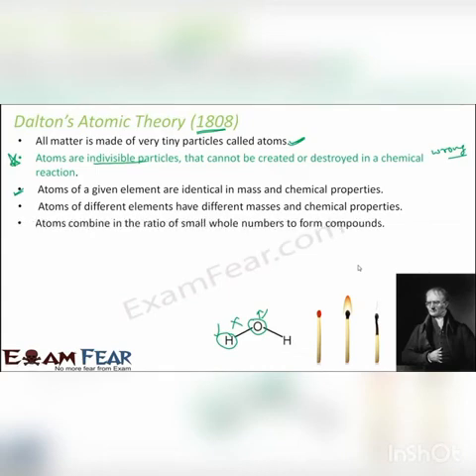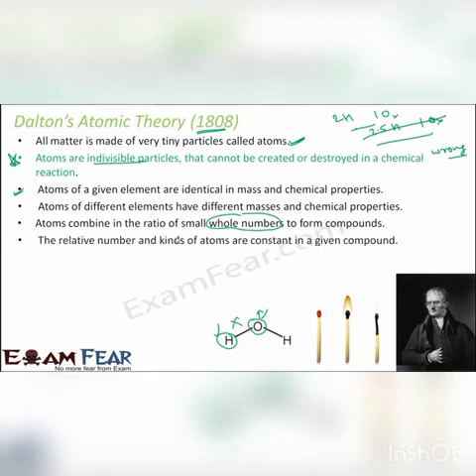And these atoms combine in whole numbers to form compounds. For example, 2 hydrogen will combine with 1 oxygen to form water. It's always a whole number. It is not that 2.5 hydrogen will combine with 1 oxygen. This will not happen. It is always in whole numbers, never in fractions.